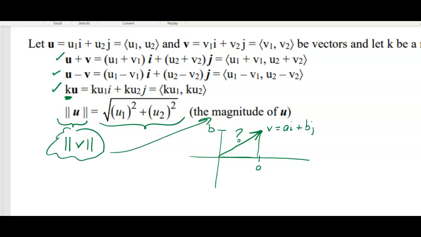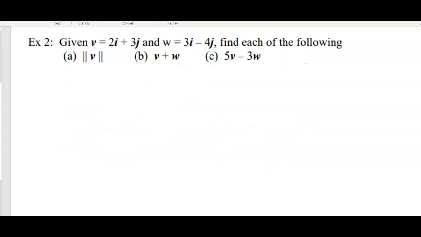So the magnitude of V would simply be the square root of a squared plus b squared. Okay? So this is what we were calling modulus in the complex plane. We were calling it r in the coordinate plane. So same business, different name, right? Different application.